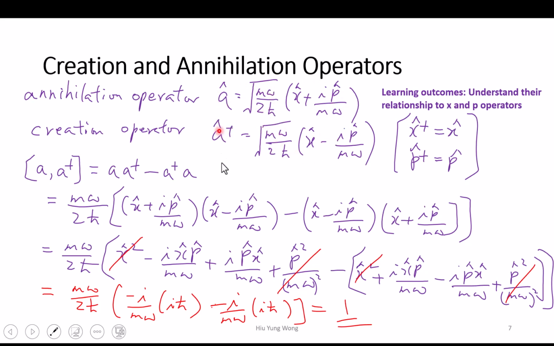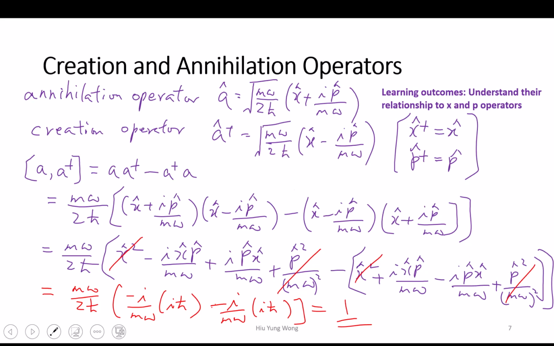You do see A and A dagger are the adjoint of each other, because if I put a dagger on A, I put a negative on i, since X and P are Hermitian. X is real, P is real. So nothing special, they turn out to be the adjoint of each other.